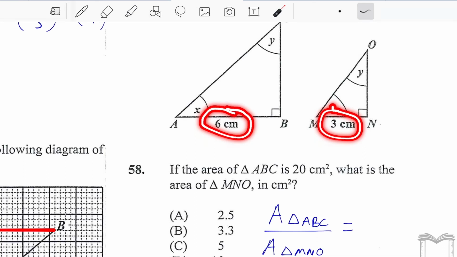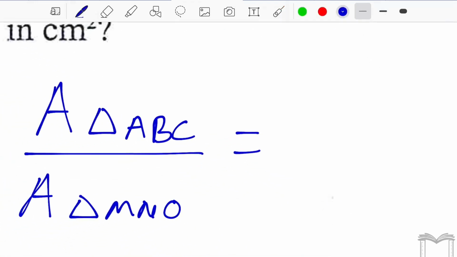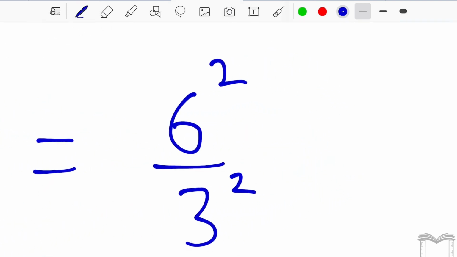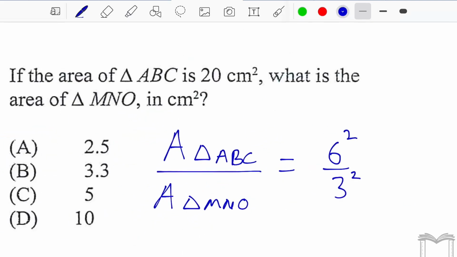So since we have the area of triangle ABC on top, we must have the corresponding side also as the numerator. So 6 will be on top and 3 will be below, and we must square this. So 6 over 3 squared.